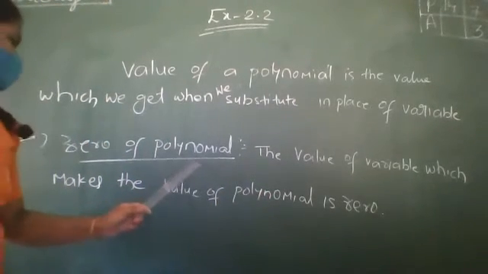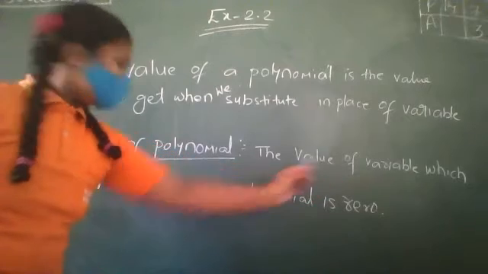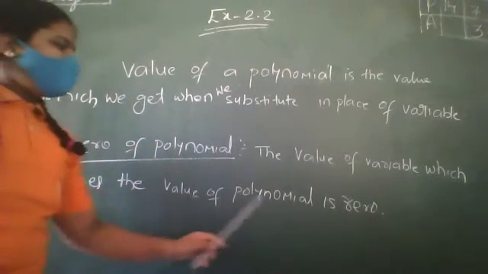Zero of the polynomial: the value of variable which makes the value of polynomial zero.